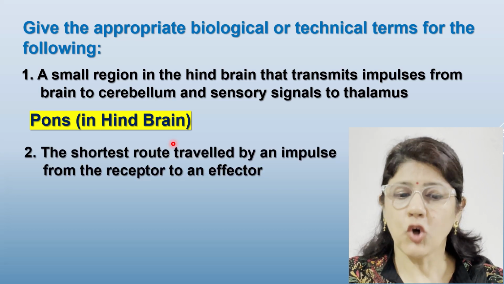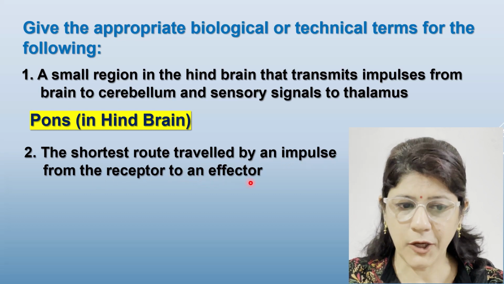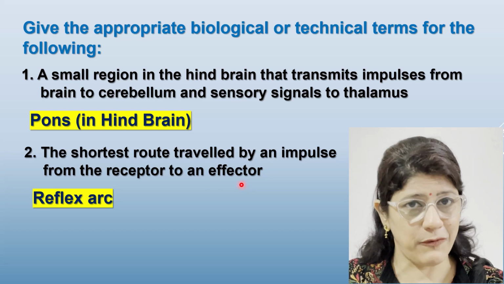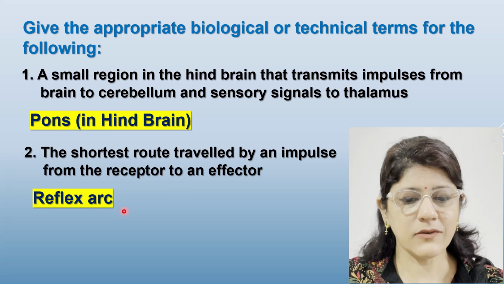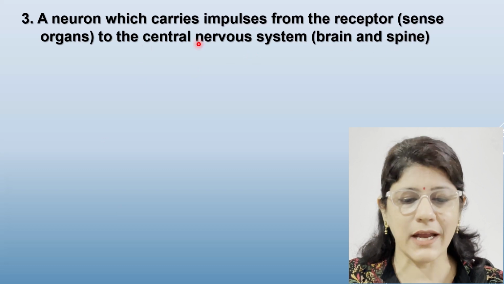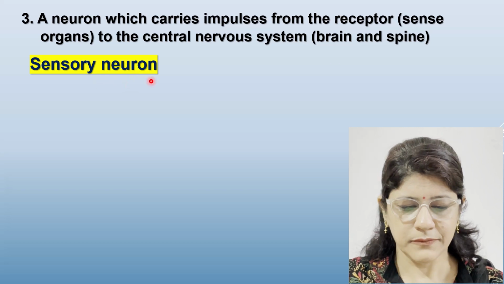Next is shortest route traveled by an impulse from the receptor to an effector. And the name of this shortest route is reflex arc. Next, a neuron which carries impulses from the receptor to the central nervous system. So this is sensory neuron.